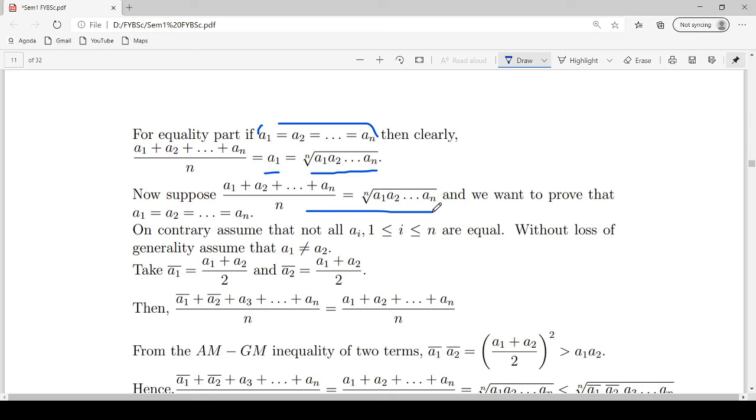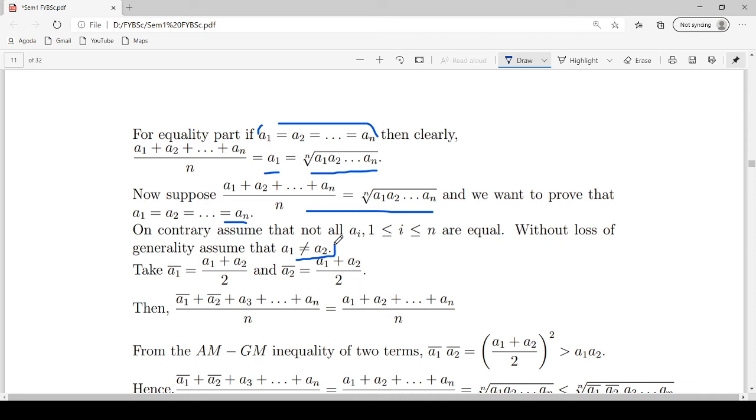And we want to prove a1 is equal to a2 is equal to a3 and so on, all are equal to an. We will prove it by the method of contradiction. So you assume at least two ai's are there such that they are not equal. And without loss of generality, I can assume that a1 is not equal to a2.